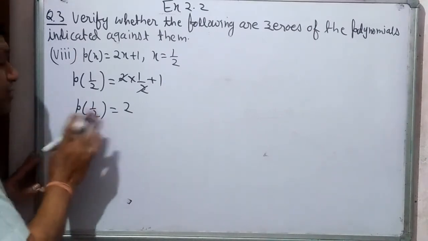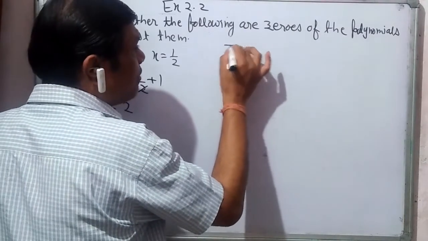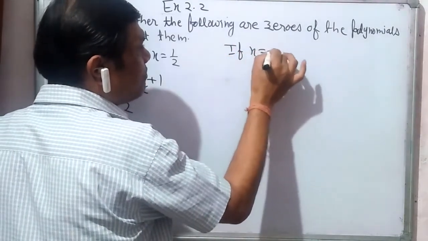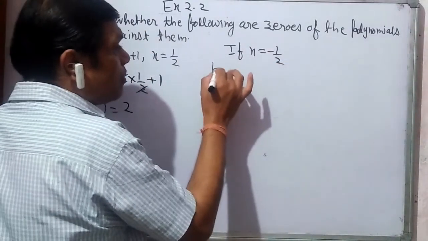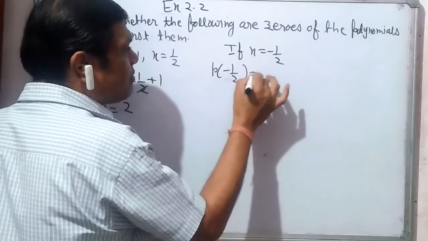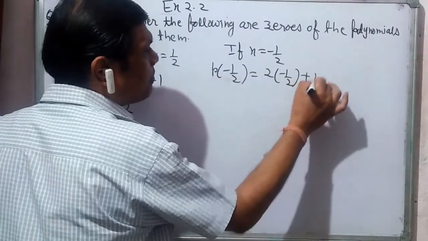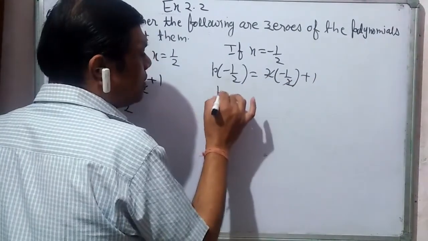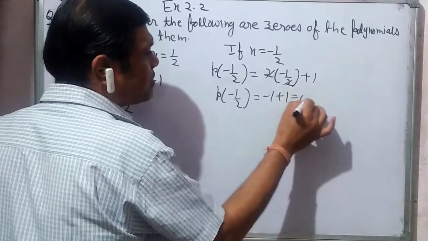Now in this case, had x been minus 1 upon 2, we would have the polynomial's value at minus 1 upon 2 as 2 multiplied by minus 1 upon 2 plus 1. That means this would have been minus 1 plus 1, that is 0.